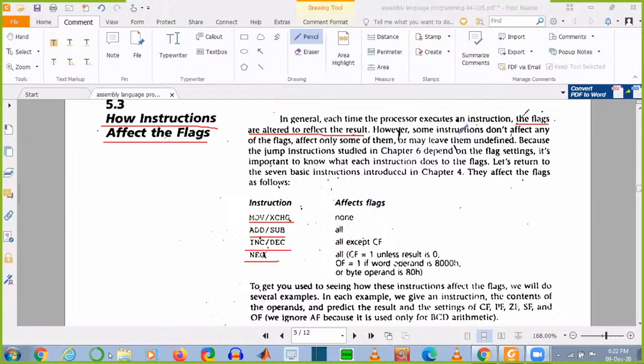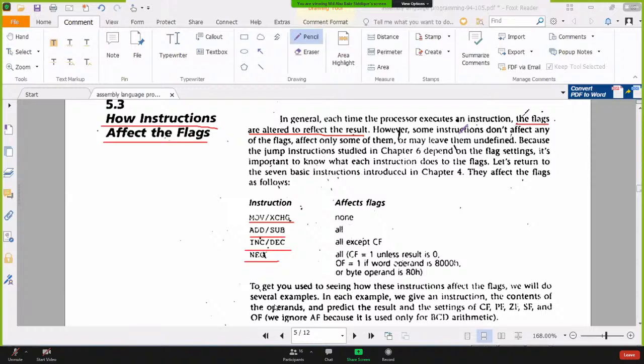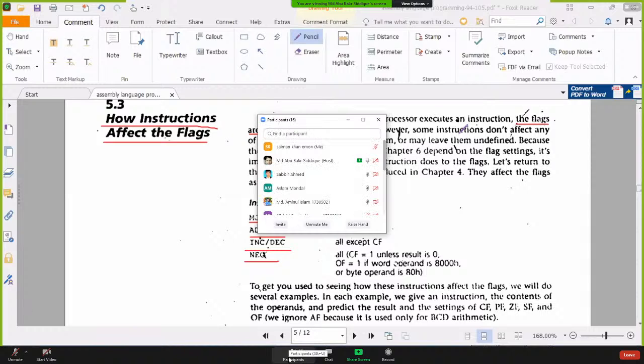Carry flag, parity flag, auxiliary carry flag, zero flag and sign flag. Sign flag, status flag also, sir. Control flag too, sir. Sign flag, overflow flag.